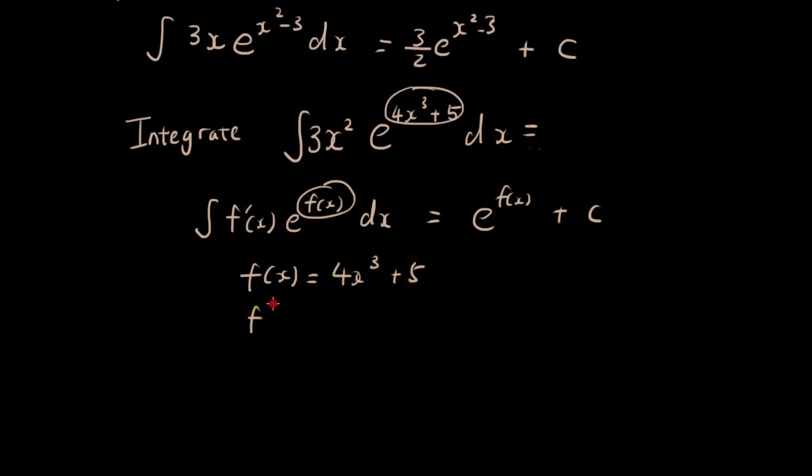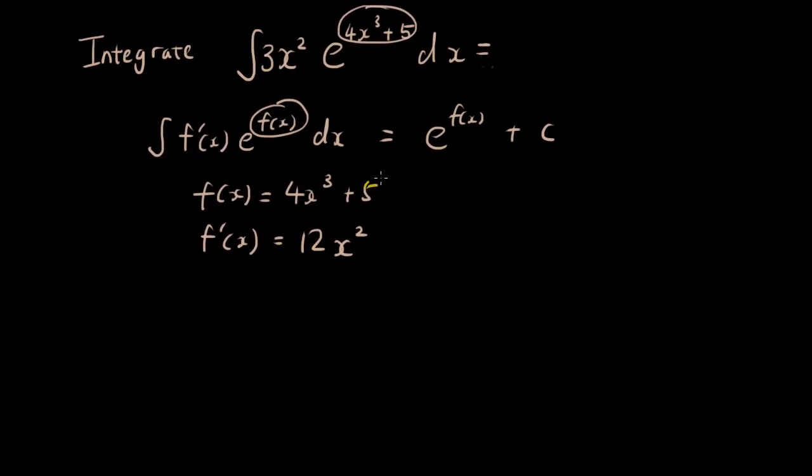And if you differentiate it, you will get 12x squared, and that's it. Now if you substitute these two terms into the formula, you will get the integral of 12x squared times e to the power of 4x cubed plus 5 equals e to the power of 4x cubed plus 5 plus c.